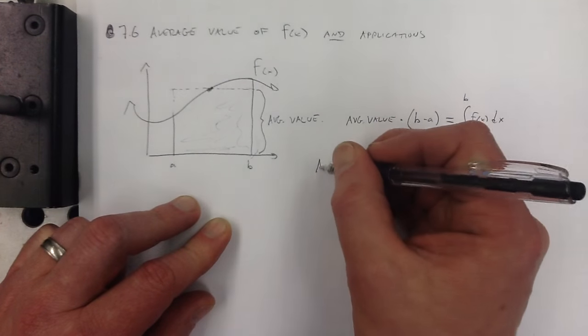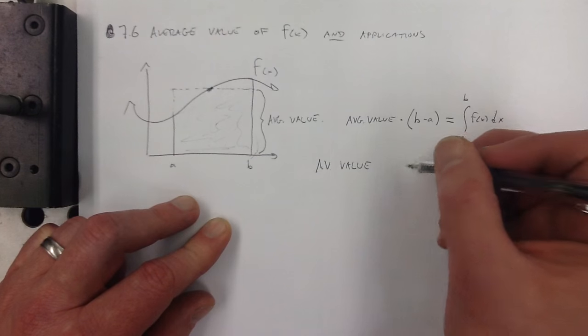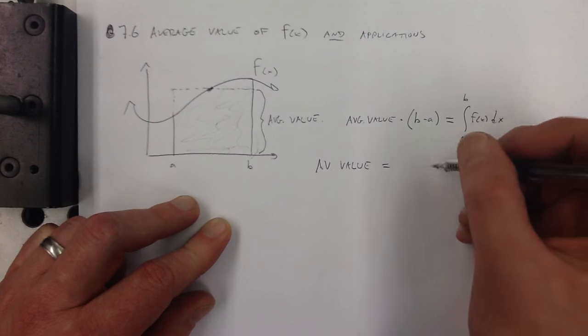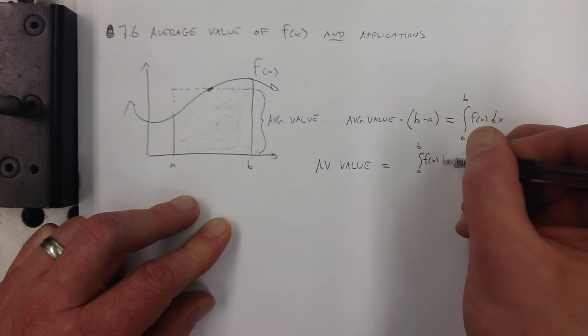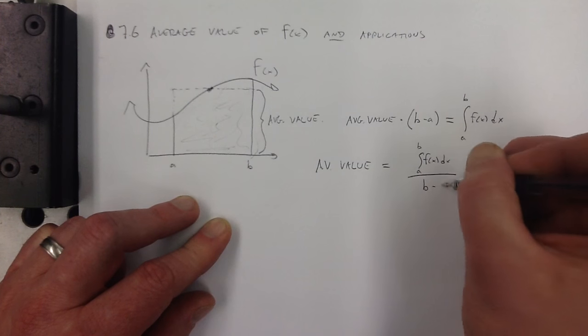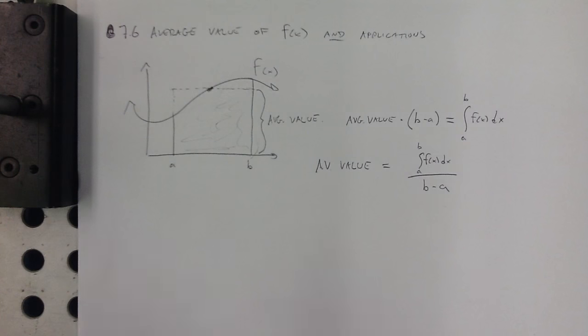And then, solving for average value, we just get the average value is equal to the integral, or the actual area, divided by b minus a, divided by how wide the interval is. That's how you find the average value of a function.